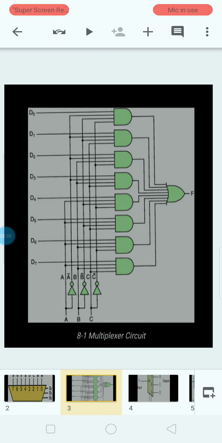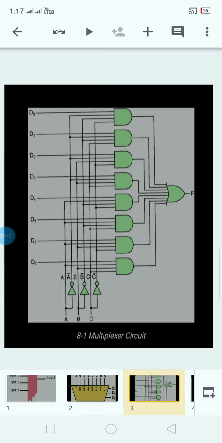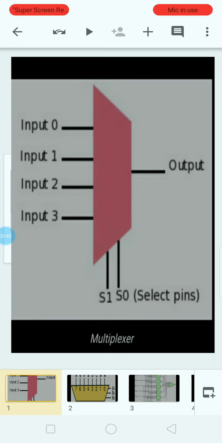Now, what are the applications of a multiplexer? Multiplexers are used in various applications wherein multiple data need to be transmitted using a single line. It is used in a communication system, that is, a communication system has both a communication network and a transmission system.